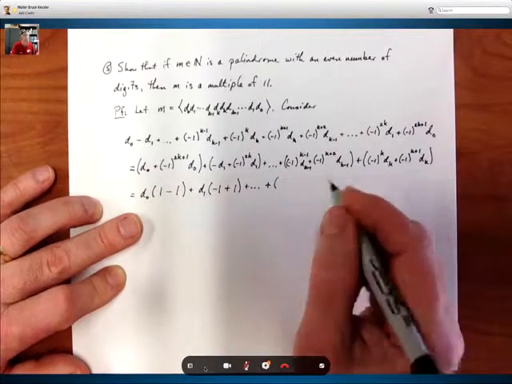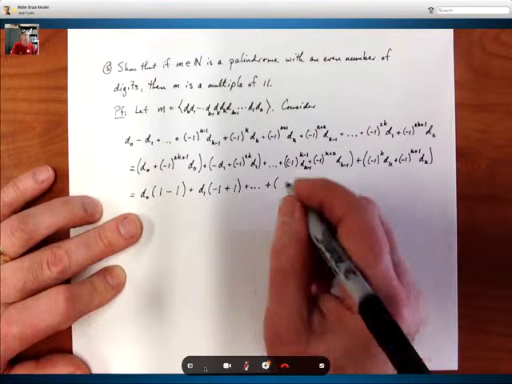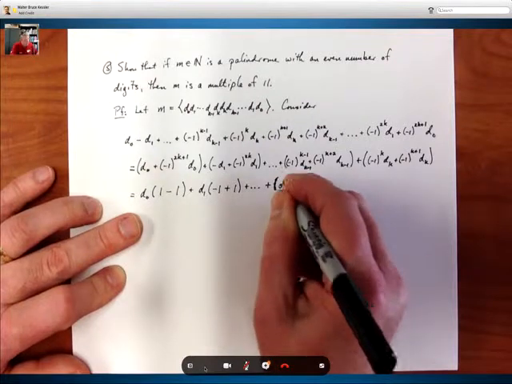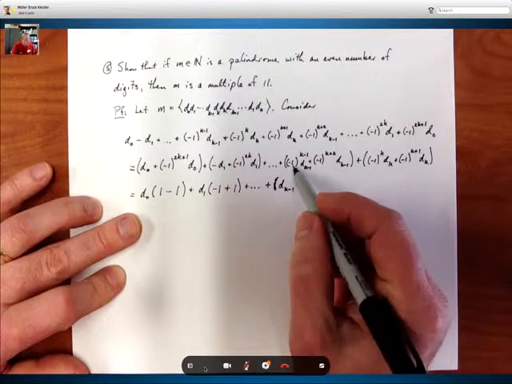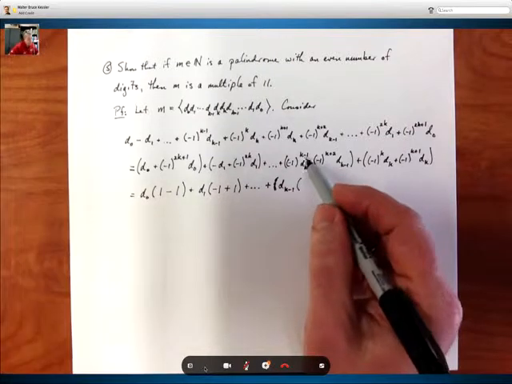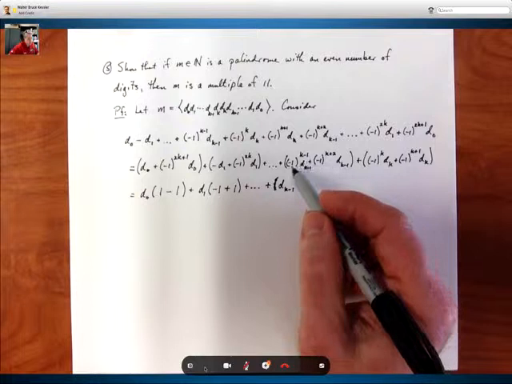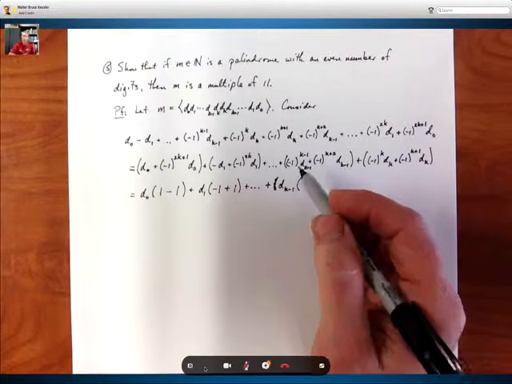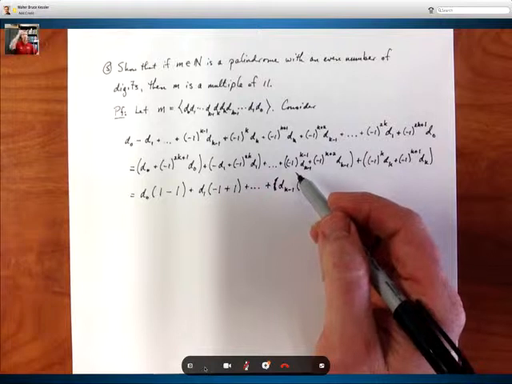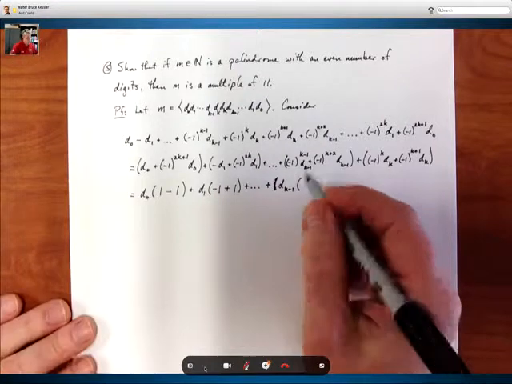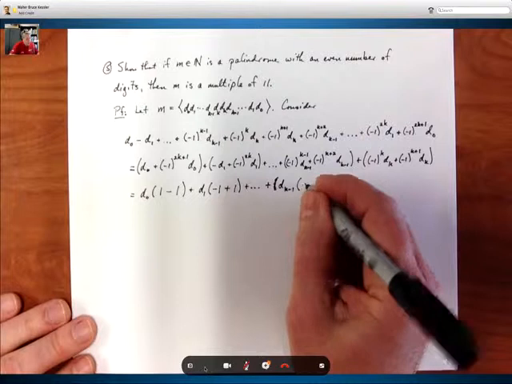Plus, oh, I meant to pull out my D sub k minus 1. And so here, negative 1 to the negative 1 is still a negative 1, right? It's 1 over a negative 1, big deal. So this is a negative.